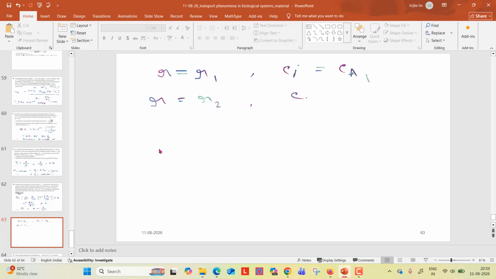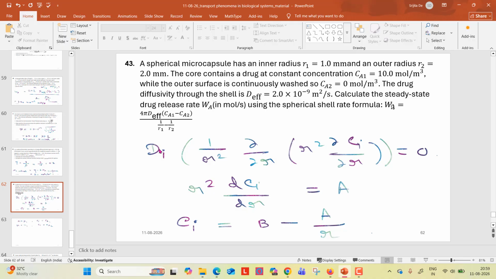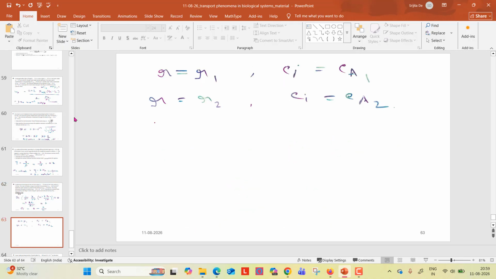We'll put the values later. So now if you put this, it will be Ca1 equals b minus a by r1, Ca2 equals b minus a by r2.